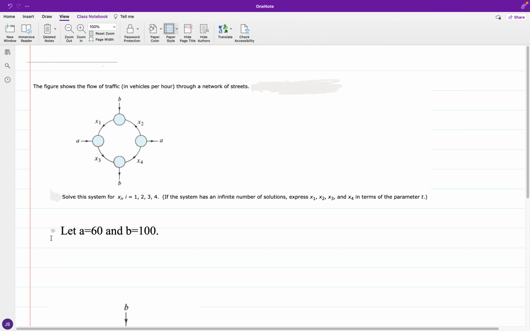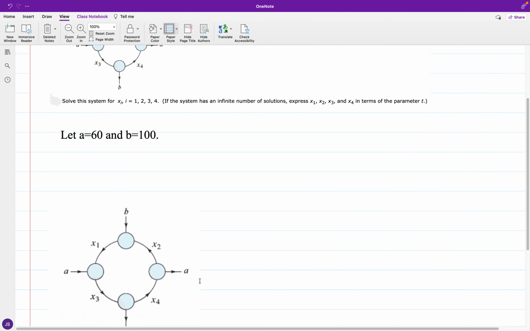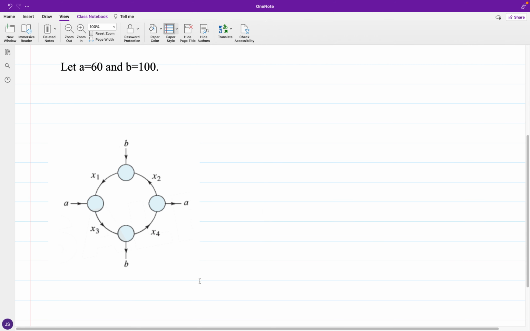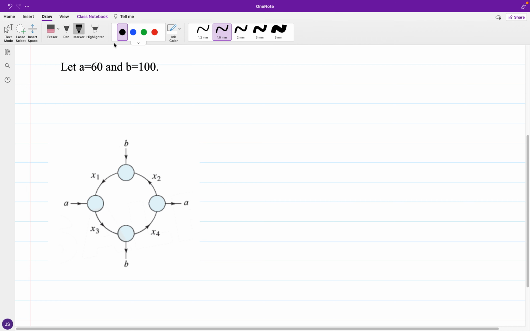And here we'll let a be equal to 60 and b equal to 100. For this particular setup, I'm going to use a bit of numerical marking, just isolating the junctures.